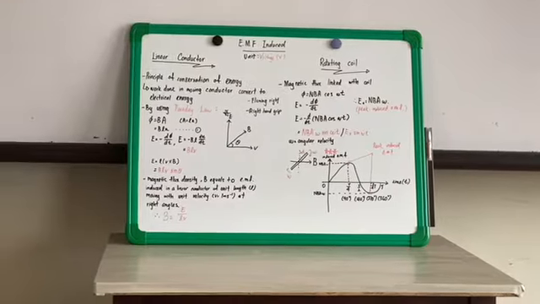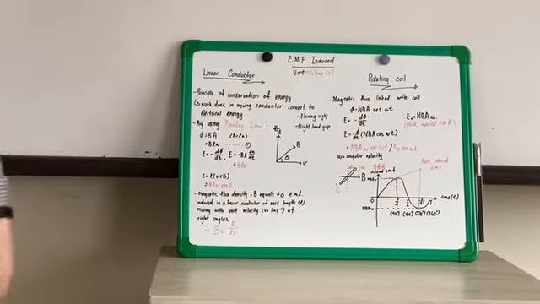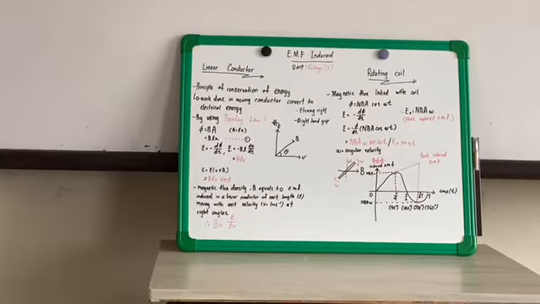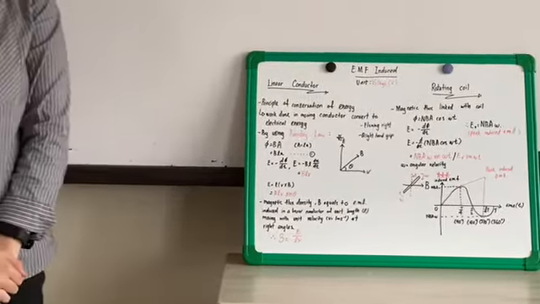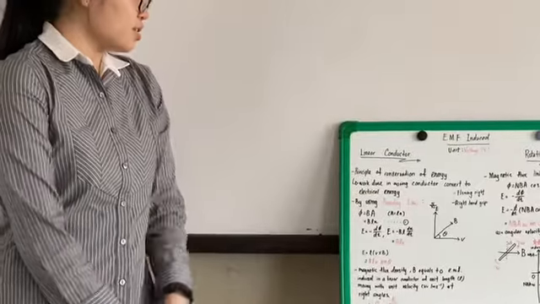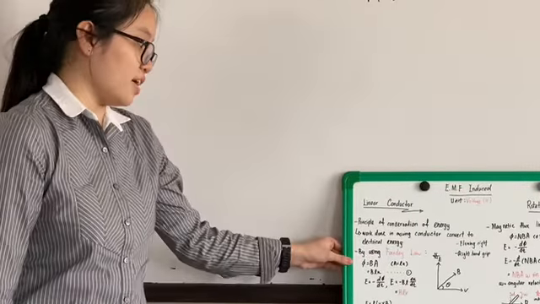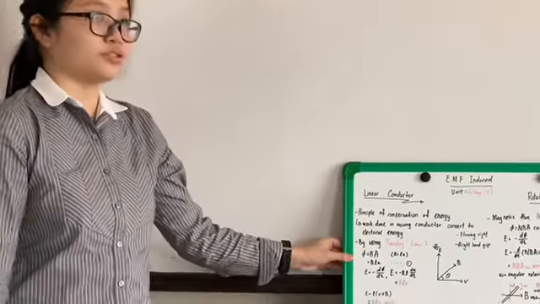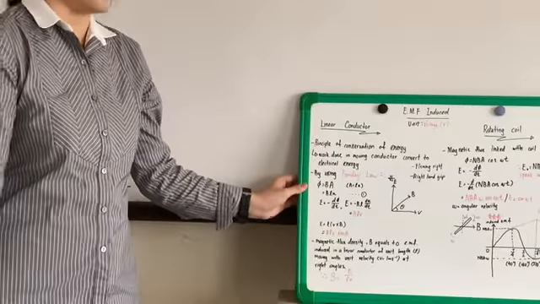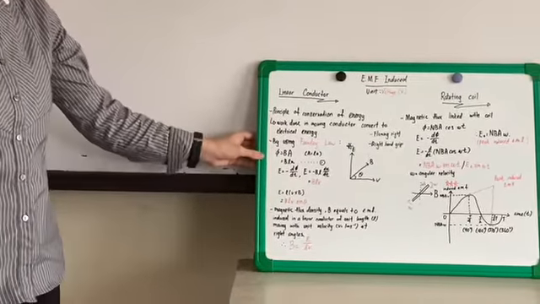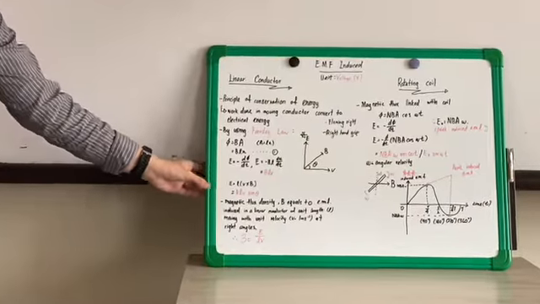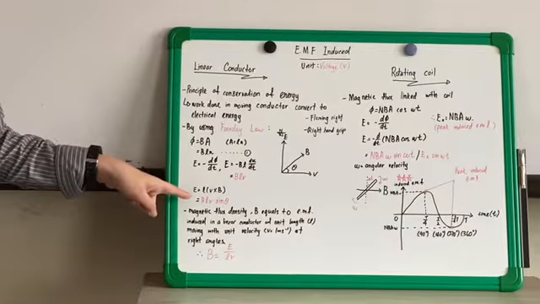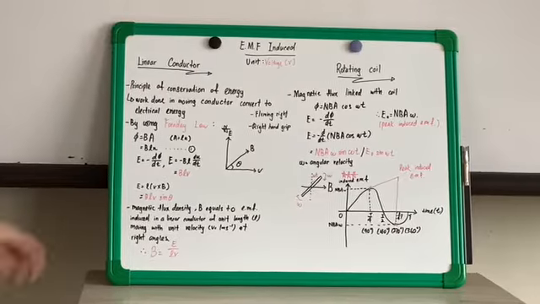For the linear conductor, by the principle of conservation of energy, the work done in moving the conductor will convert to electrical energy. So, by using Faraday's law, flux equals the magnetic flux density times cross-sectional area, and the induced EMF will be E equals BLV sin theta.